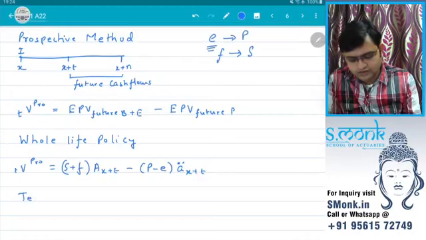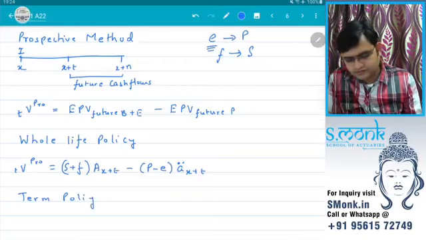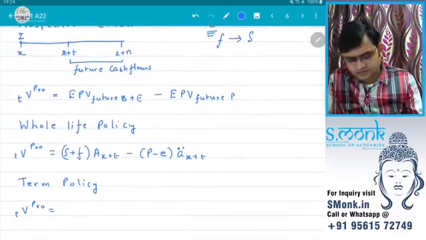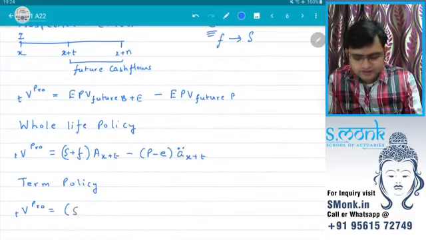What about term policy? In term policy, we'll say TV, again prospective PRO. We'll say S plus F, A X dash.